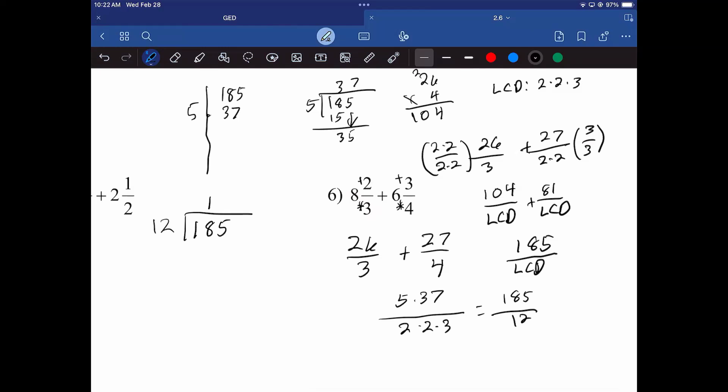So 15 and 5 over 12. Efficient route there.